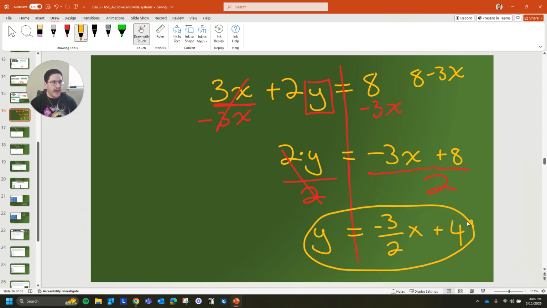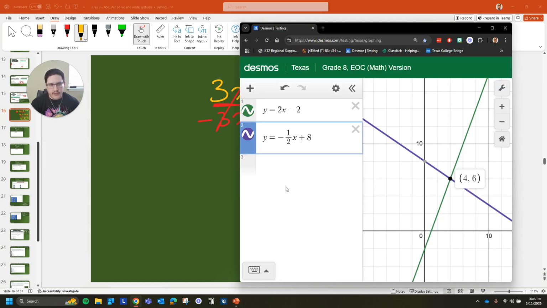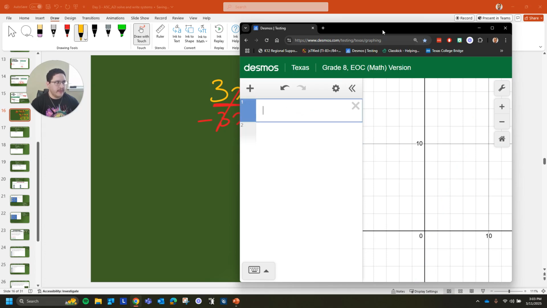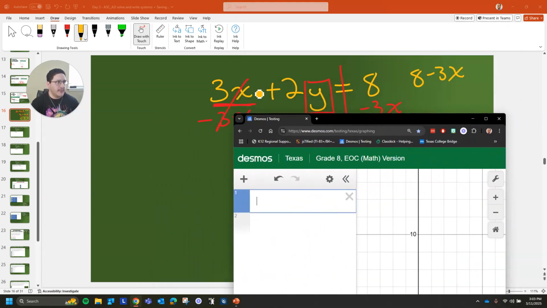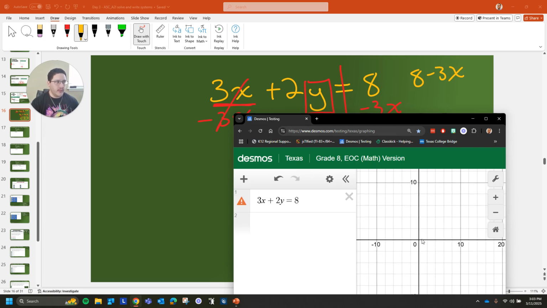Now, this is something I can use Desmos to graph. So, just to show y'all what I mean, let's take out the Desmos calculator. I'm going to erase these things. And I'm going to type it in the form that you currently see it. 3x plus 2y equals 8. So it does not recognize the form that it's currently in, which is standard form.